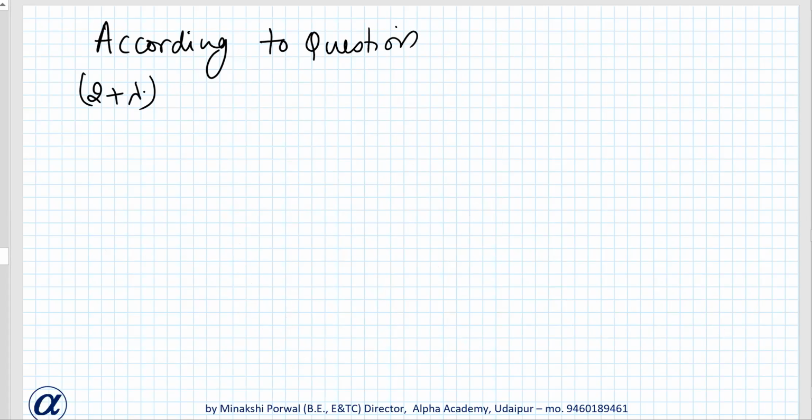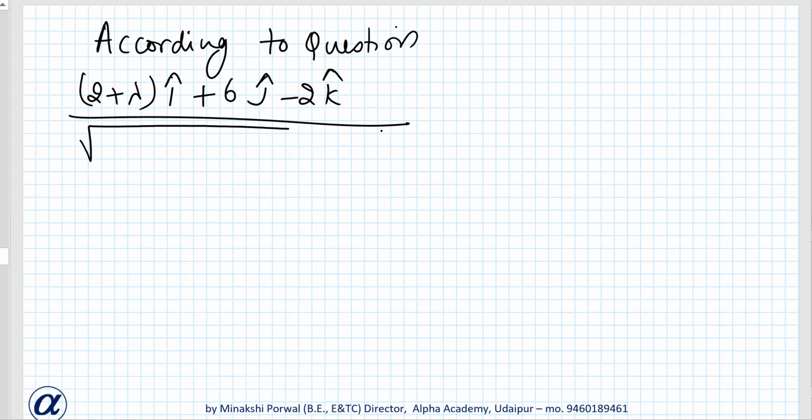So according to the question, 2 plus lambda into i cap plus 6j minus 2k upon under root of lambda square plus 4 lambda plus 44, dot i cap plus j cap plus k cap, equals 1.